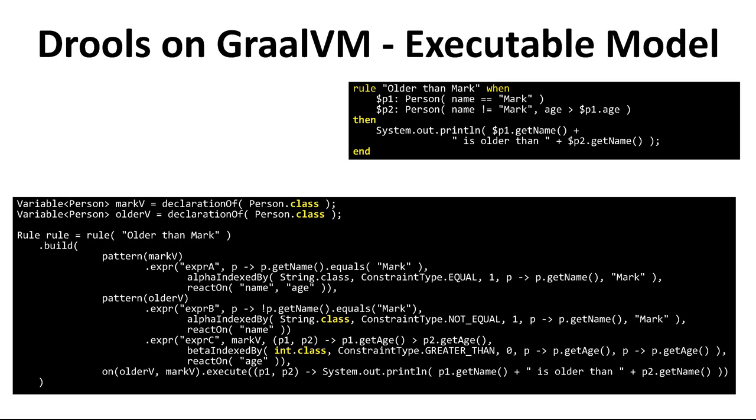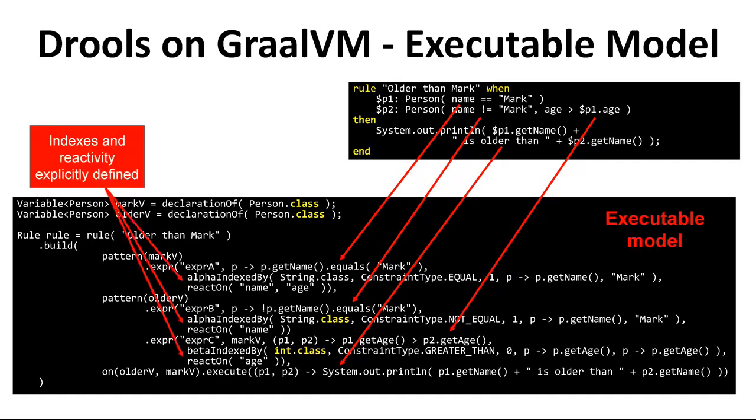Don't worry, you don't have to write this DSL by hand. This is automatically generated for you. Our parser parses the rule and generates this Java method. You can see now that all the constraints have been translated into lambda expressions, and the consequence, the right part of the rule, became a lambda expression as well.